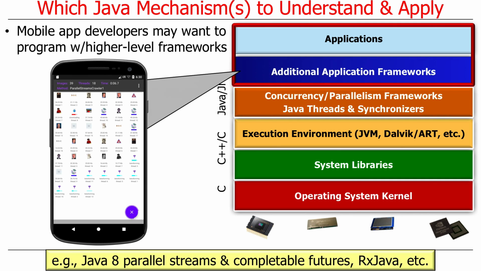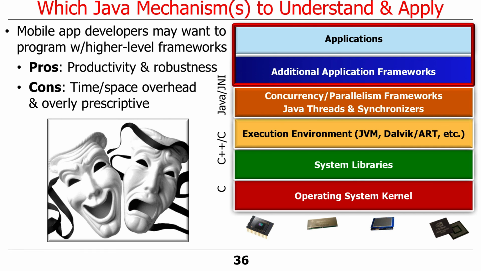So these are higher level frameworks, and they make it really easy to program if your problem conforms to what the framework provides. And those of you who took the class last semester recognize this. This is our web crawler program that used all kinds of cool Java 8 concurrency mechanisms to download images and process them. So the good thing about these higher level frameworks is they're very productive and robust.